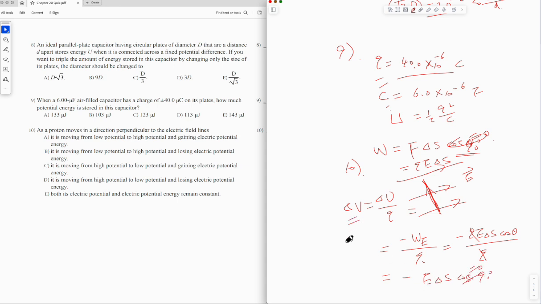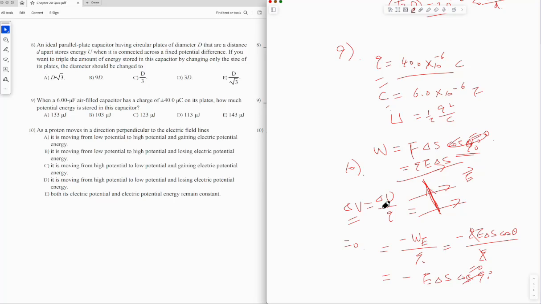Which means delta V is 0, so the potential energy change is 0.